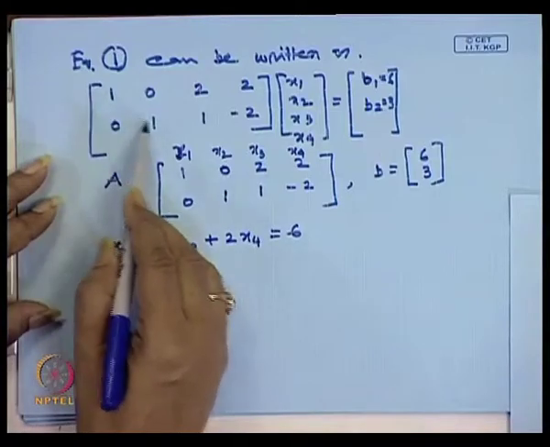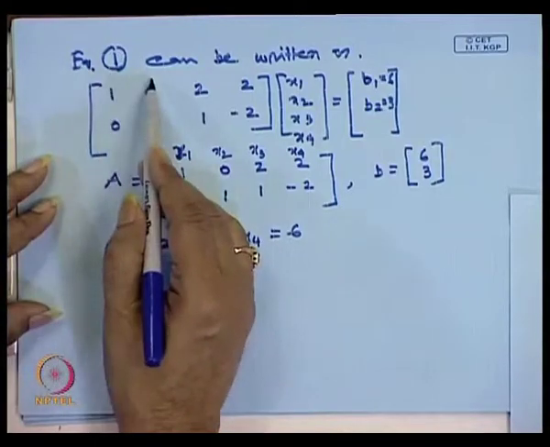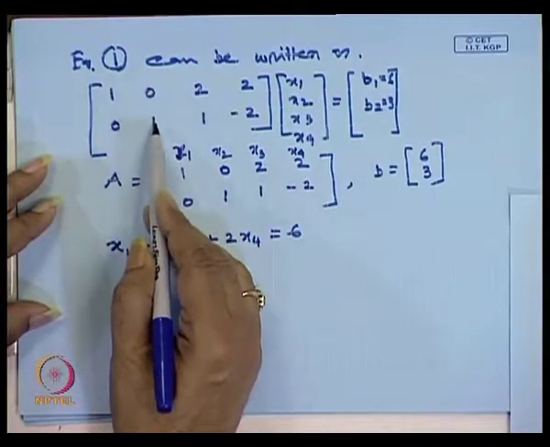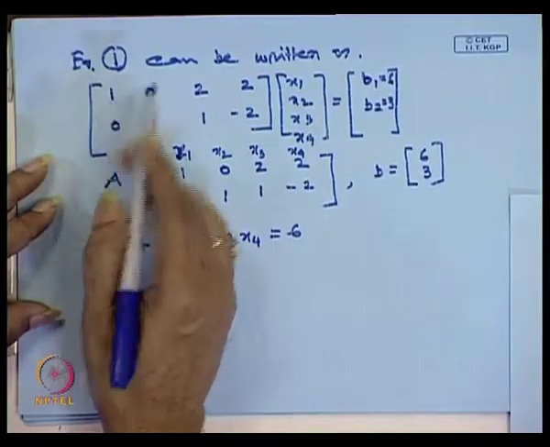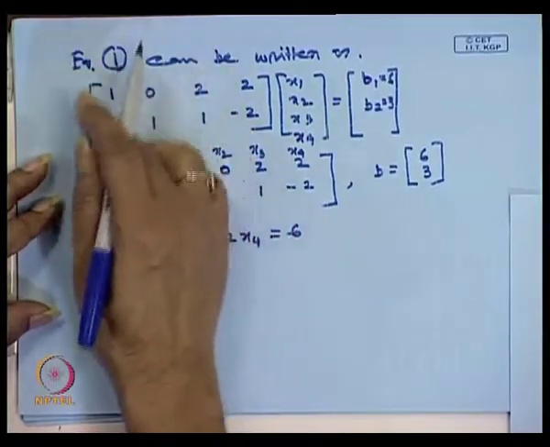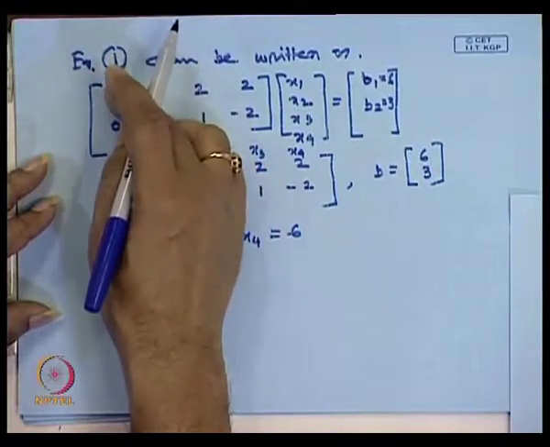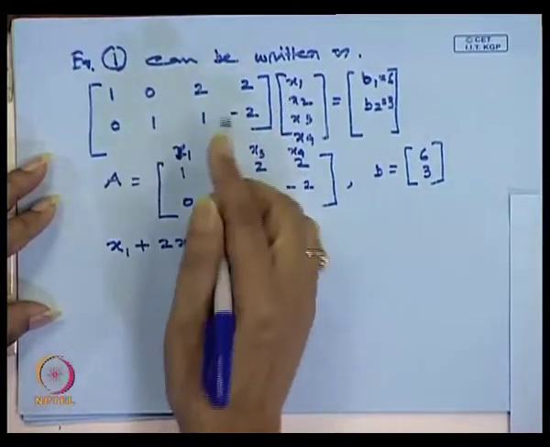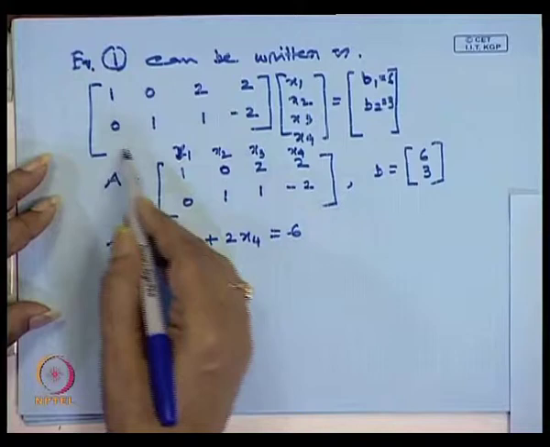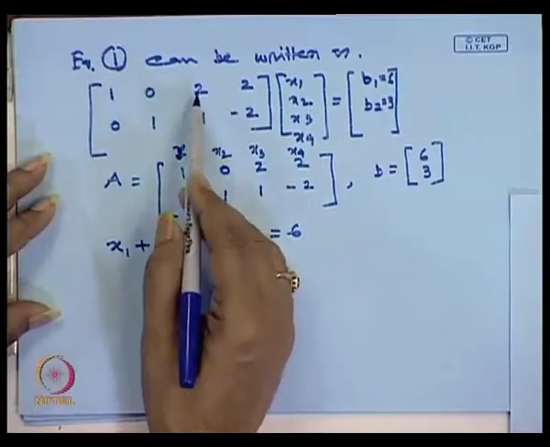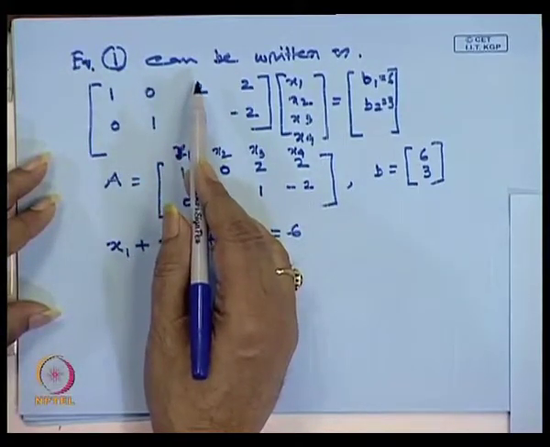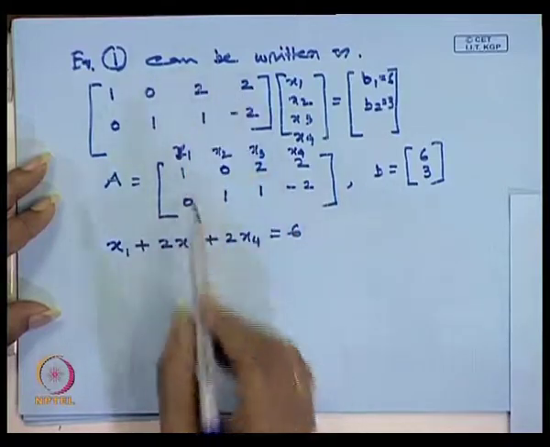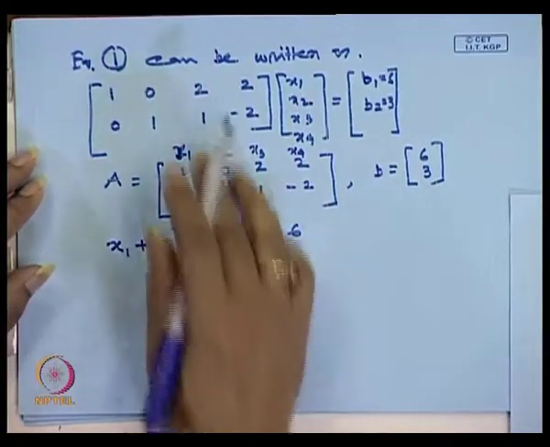Clearly, the first and second columns correspond to the basic variables, because this is already in identity matrix form, and the third and fourth columns are the non basic variables.